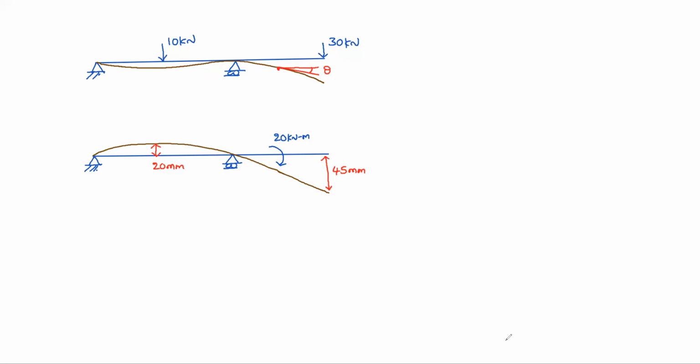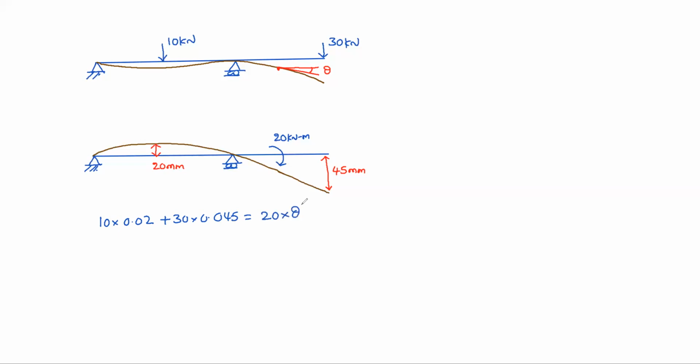Okay. So according to Maxwell reciprocal theorem, 10 into 0.02, because rotations are involved here, be careful, the units must be uniform, okay. That means kilonewton meter, if you are taking moment, then the displacement also must be in meters. So 10 into 0.02 plus 30 into 0.045 must be equal to 20 into theta.